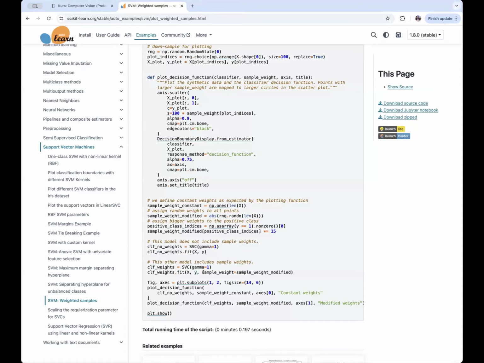Then you can also pass another vector, which are the sample weights. This parameter is called sample_weight, and you would have one weight per example.